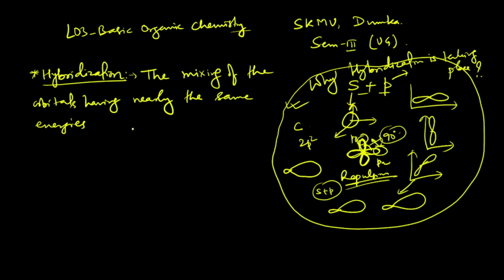Nearly the same energies means it is not like only p orbital will participate. P and s have a very minimum energy difference. Or we can say that if it is 2s, then hybridization will take place with 2p only. It won't be 3s and 2p or 2s and 3p. It won't take hybridization. It should be in the same shell.